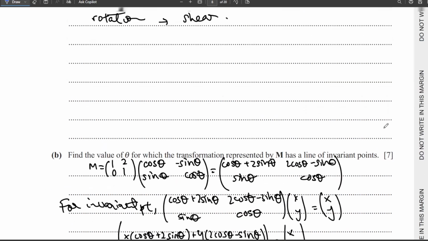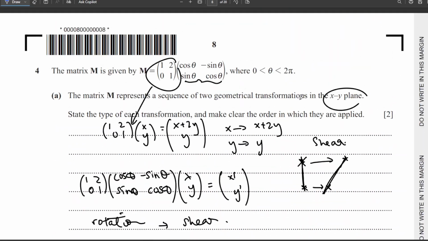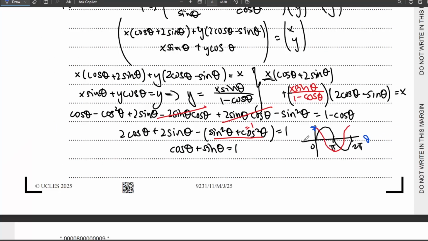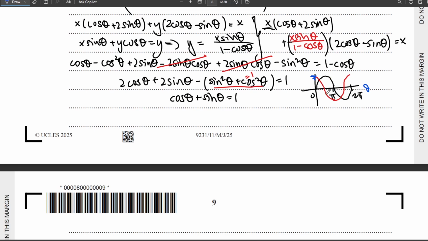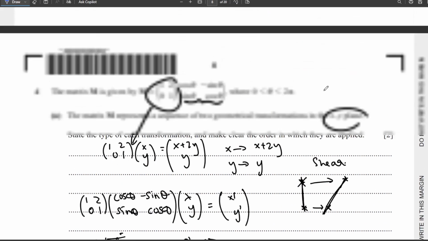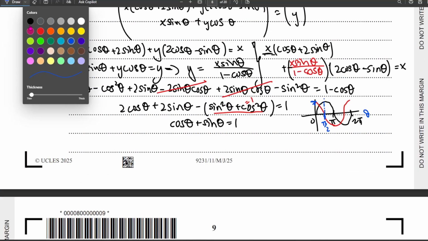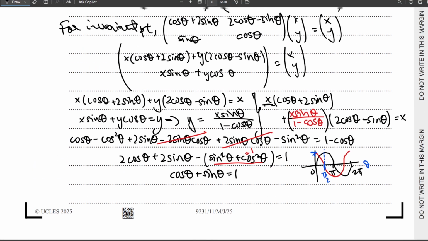0 is a solution, but it doesn't answer this question because theta is greater than 0. So we go for the next one, which is at pi over 2. Then sine will be 1, cosine will be 0. So this is included in our range for theta, and we can use this one.